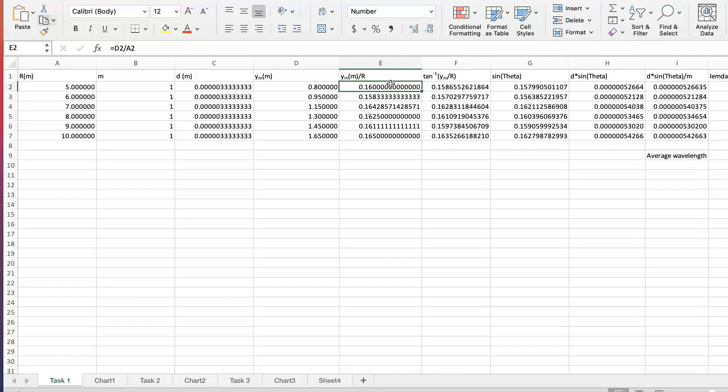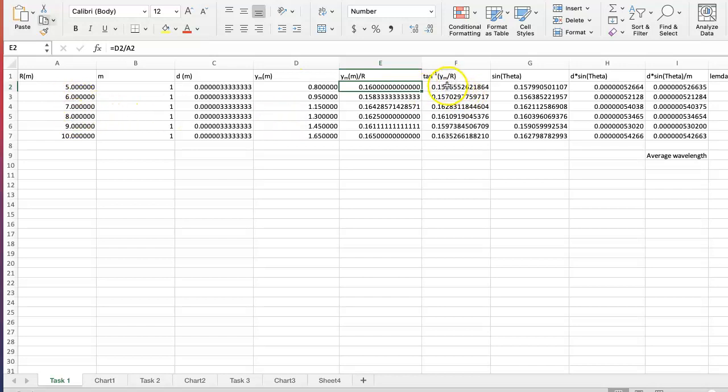The first one is I calculated tan theta, which is Y. I'm using N in my handout and M in my Excel; my N is my M. Then Y_M divided by R. This is just column D divided by column A, sorry. Here I divided this by this.